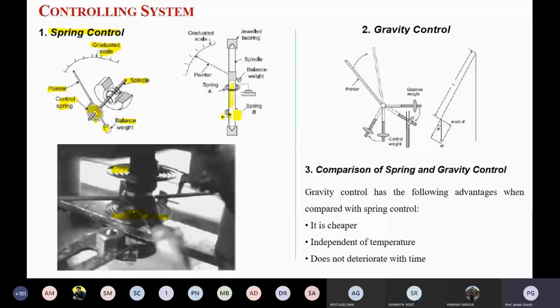This is your shaft, and this is your pivot with jewel bearings. It has the scale, pointer, spring A and spring B, and again you can see the balance weight. One terminal is connected to the frame and the other to the shaft. So this is the spring control structure of the controlling unit of the PMMC.